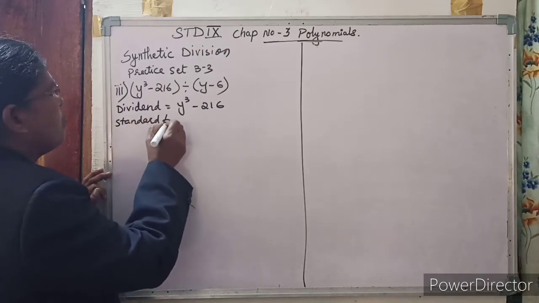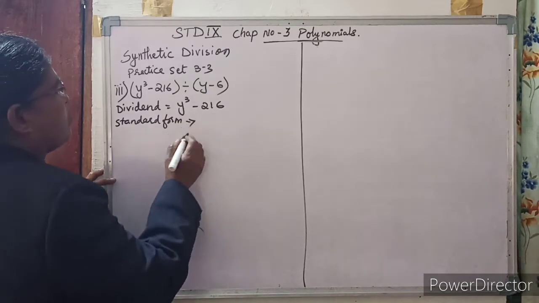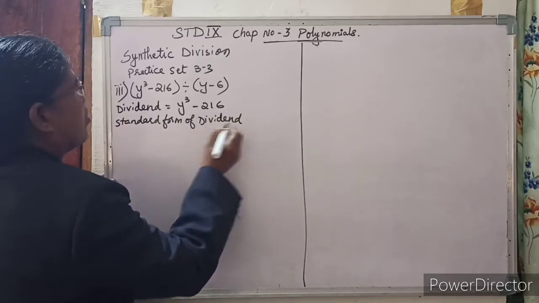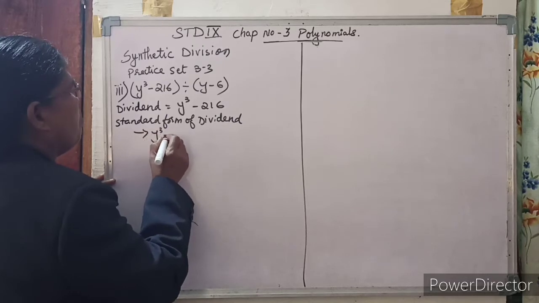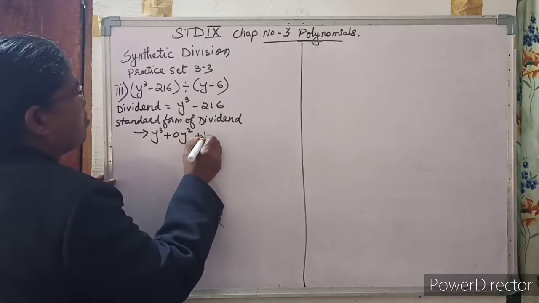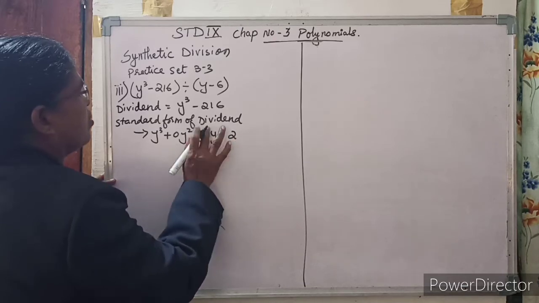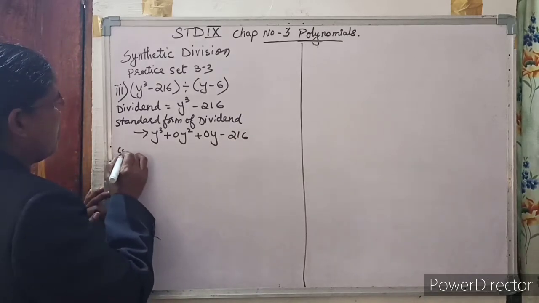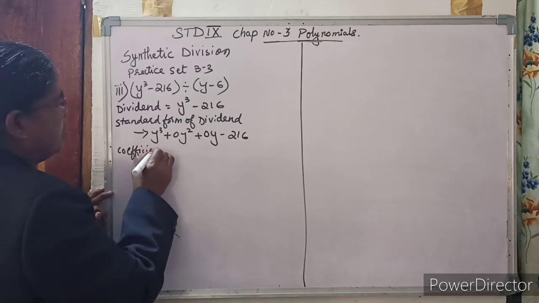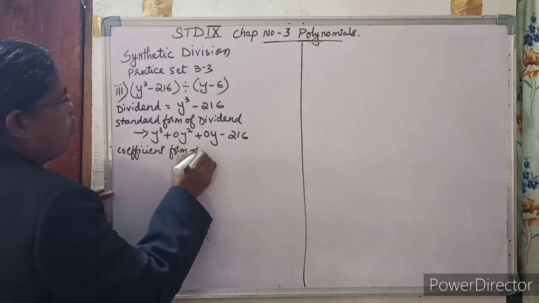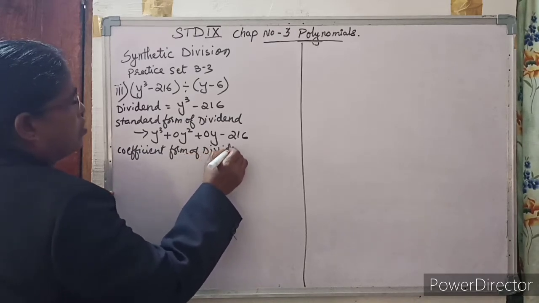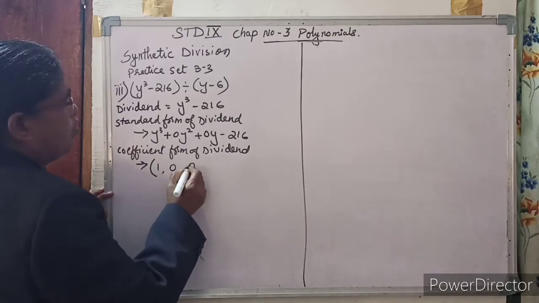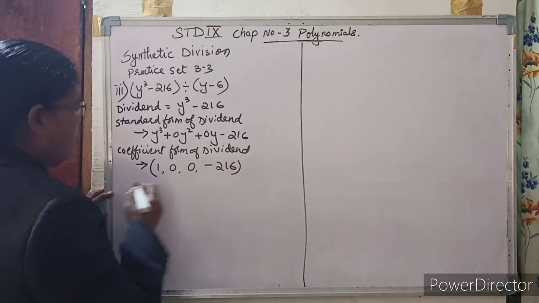The standard form of the dividend is y cube plus 0y square plus 0y minus 216. Now take the coefficient form of the dividend. Here the coefficients are 1, 0, 0, minus 216. This is the coefficient form.